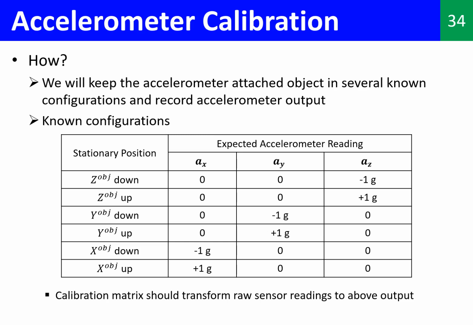Similarly, when the object's x-axis is upwards, we want the accelerometer to give +g in its x-axis reading after calibration, and so on. So it would be the calibration matrix's duty to do that transformation on the raw sensor readings.